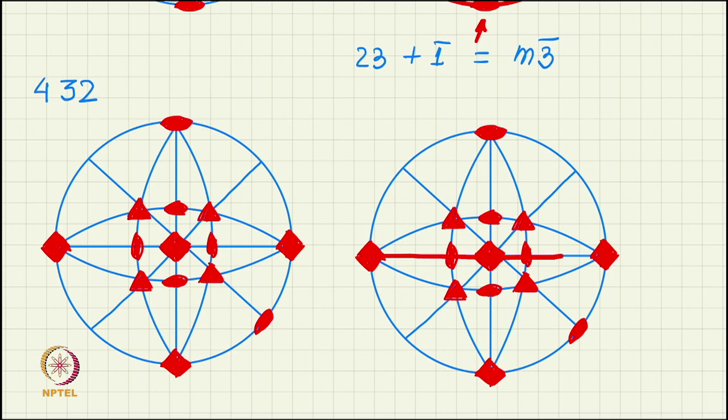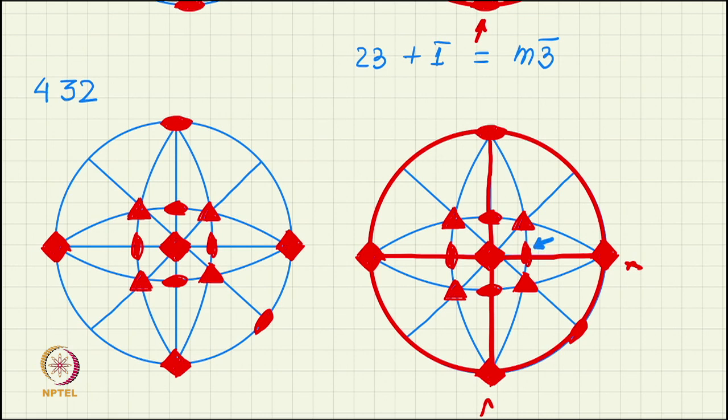So you get a mirror plane here for this 4-fold. For this 4-fold you get a mirror plane here, and for the central 2-fold the equatorial plane becomes a mirror plane. The 2-folds will also make the planes perpendicular to them mirrors.